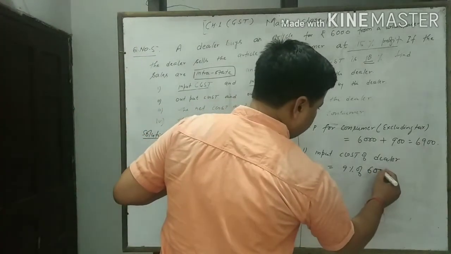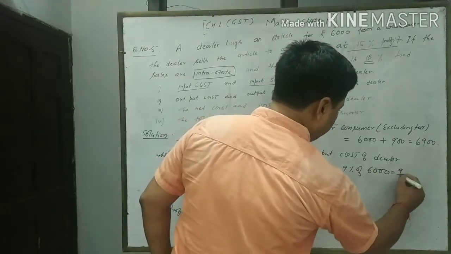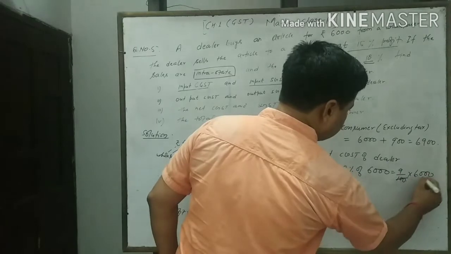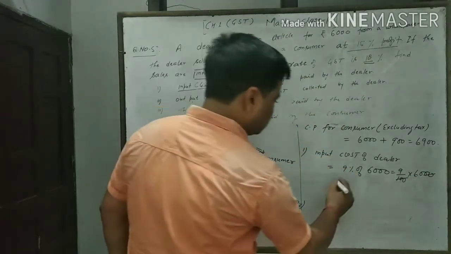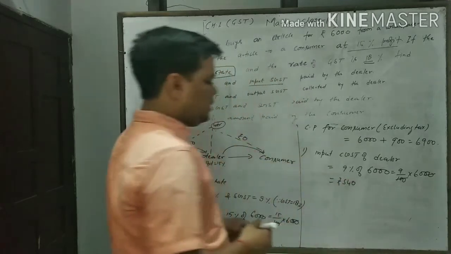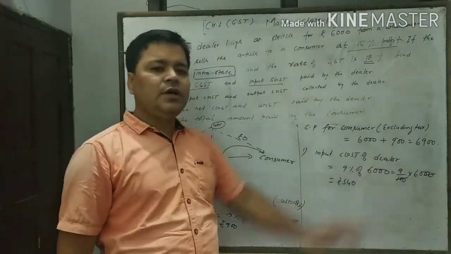So it will be 9 by 100 into 6,000. 00 cancel and 9 6 are 54, means 540 rupees will be the input CGST of dealer.